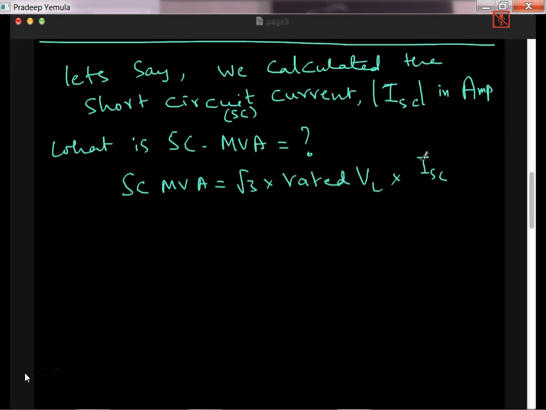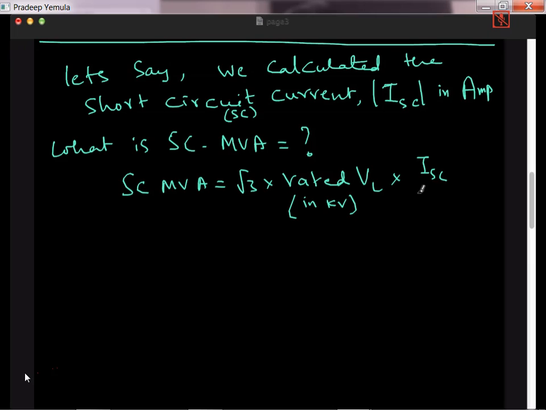in kiloamperes. So how to get kiloamperes? Because this is rated VL in kV into short circuit current in kA. So kilo into kilo will become mega.